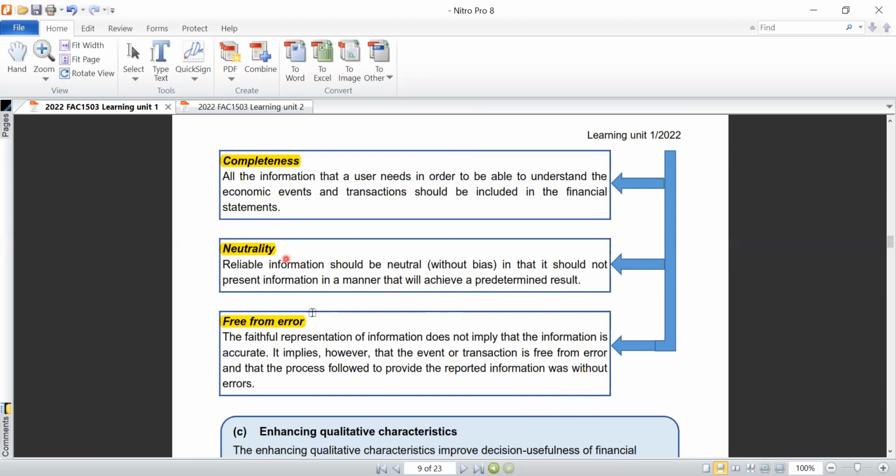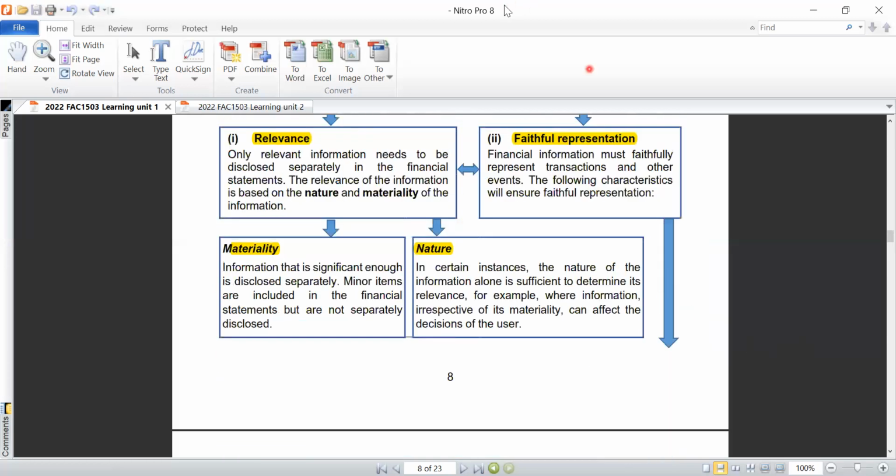If the information is free from error, neutral, meaning there is no bias or conflict of interest seen in the information presented, and complete, then it means that the financial statements have been faithfully presented.